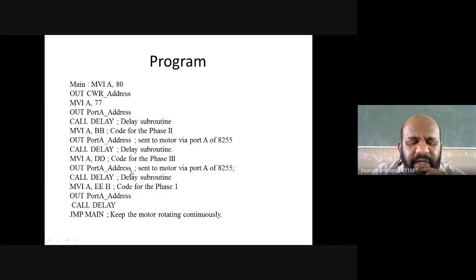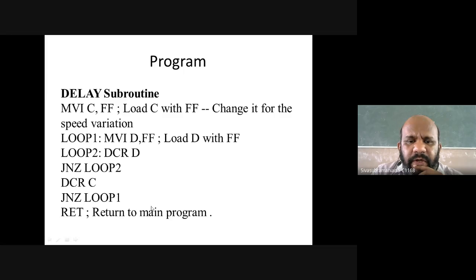Instead of this port A address, based on your bit assignment of port A and port B, here we are going to use only port A, no port B and no port C is used here. So for that, you can assign a port address and give that address at all times, right? And this is typically your delay program that is introduced here for a step angle variation.